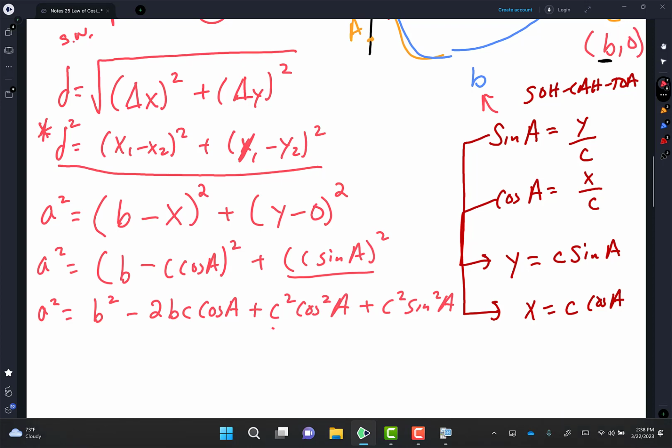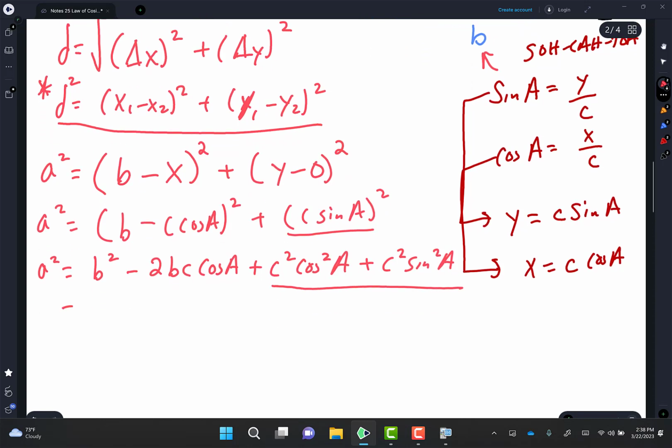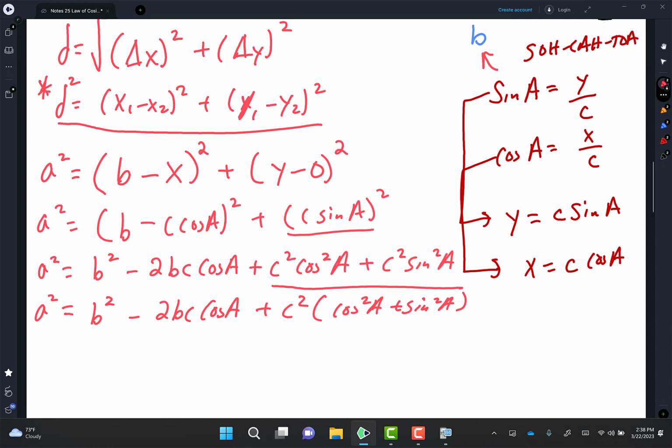All right, I'm going to group these two here, and then I'm going to factor out a C squared. So here's what I have: A squared equals B squared minus 2BC cosine A plus, here's my factored out C squared, cosine squared A plus sine squared A. What's cosine squared plus sine squared?